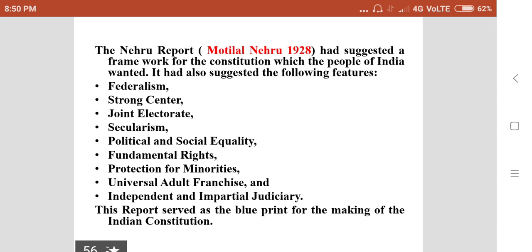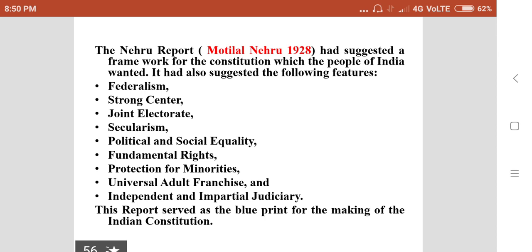It had also suggested the following features: number one, federalism; number two, strong center; number three, joint electorate; number four, secularism; number five, political and social equality; number six, fundamental rights; number seven, protection for minorities; number eight, universal adult franchise; and independent and impartial judiciary.